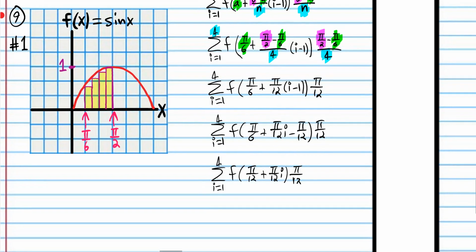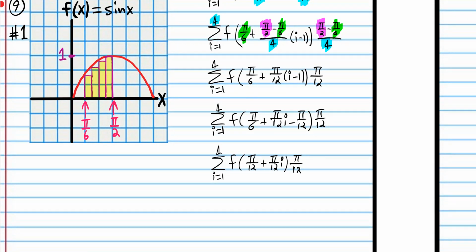So what is f of pi over 12 plus pi over 12i? Well, that's equal to sine of pi over 12 plus pi over 12i. So all of this, I guess I'll use that color for the width.